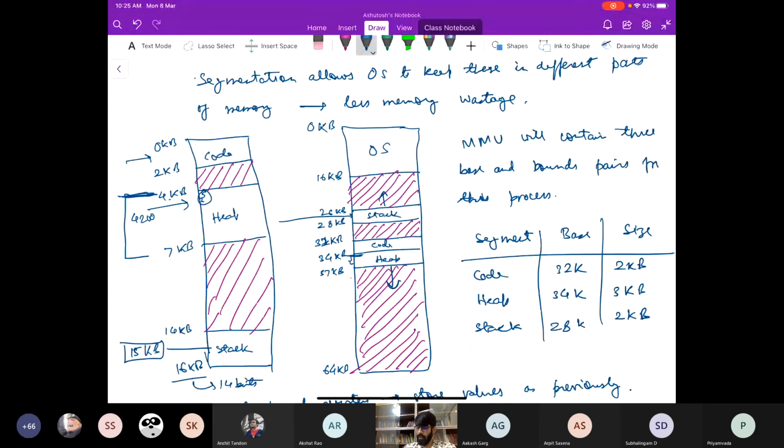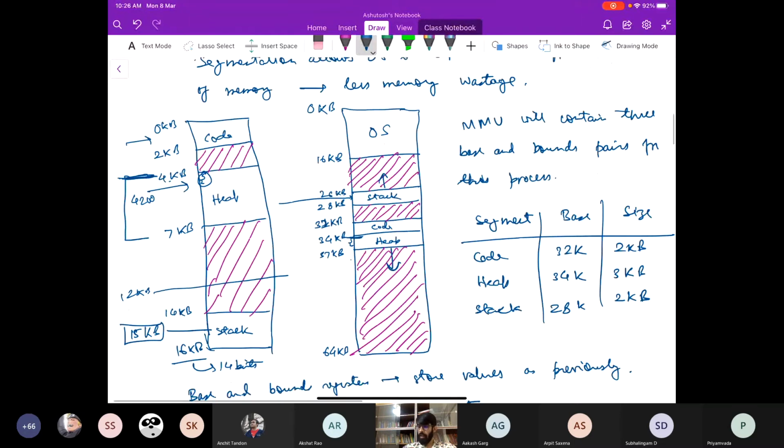So this is 15KB, which is actually, from 12KB, this is 3 down, right? So what do you need to subtract to get the correct thing? You need to subtract the maximum size of the segment to get there.